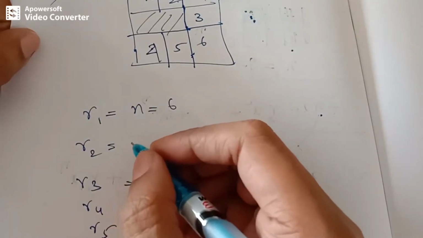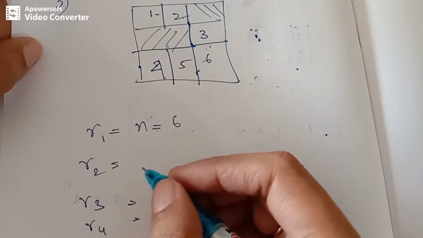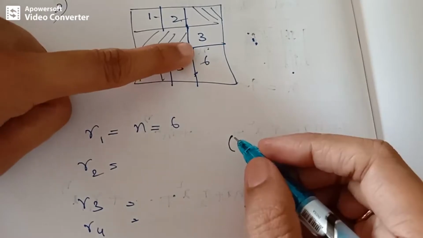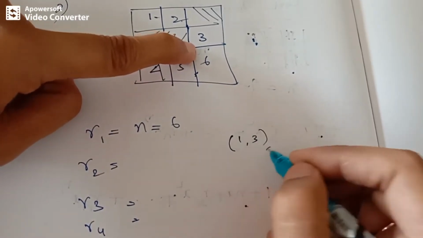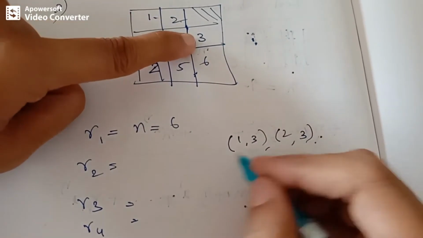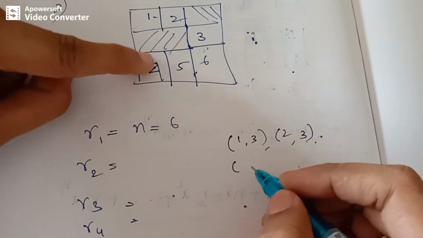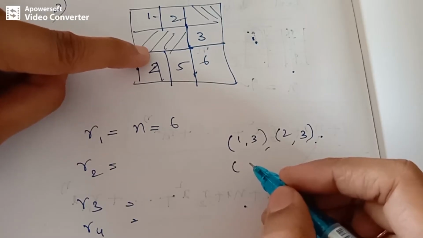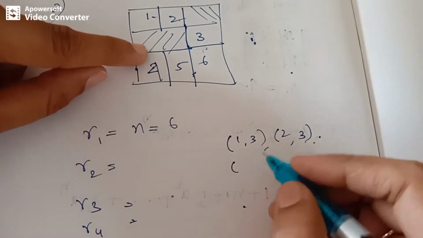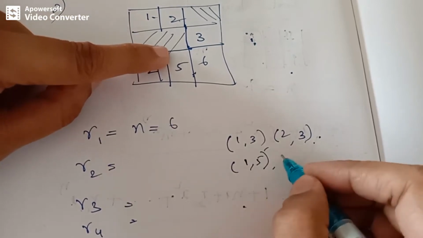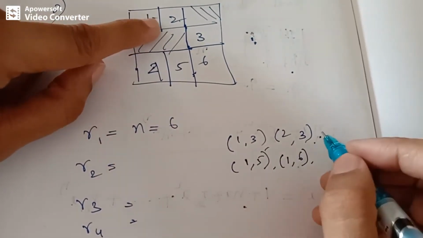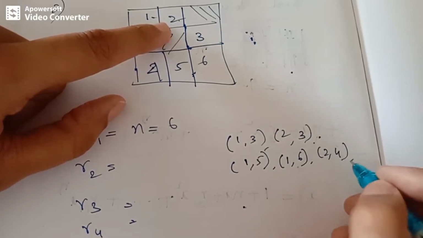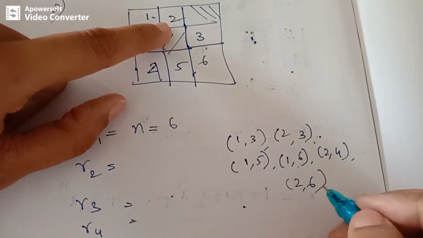What is R2? The number of ways in which two pawns can be placed so that they do not attack themselves. One pawn is placed over here, another pawn can be placed here. That is the 1-3 pair. Likewise 2-3 is also possible. What about 1-4? 1-4 is not possible. They are in the same row or the same column. We can have 1-5, 1-6, then 2-4 and 2-6.